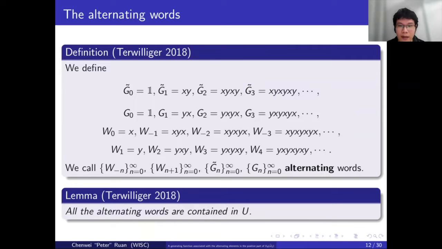These are called the alternating words for the obvious reason. There's a lemma by Terwilliger in 2018 that says all these alternating words are actually contained in U. Just as a reminder, U is a sub-algebra of V, not the entire V, so this lemma is actually meaningful.